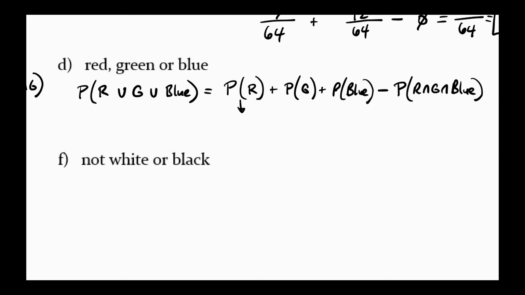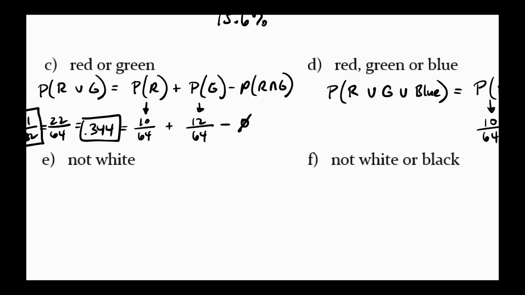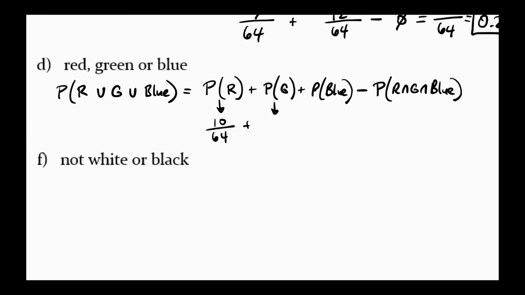First thing you're going to do is find the probability of red. We already did that. Probability of green, didn't we just do that too? 12 out of 64. Probability of blue, I don't think we've done that one before. What's probability of blue? 15 out of 15.